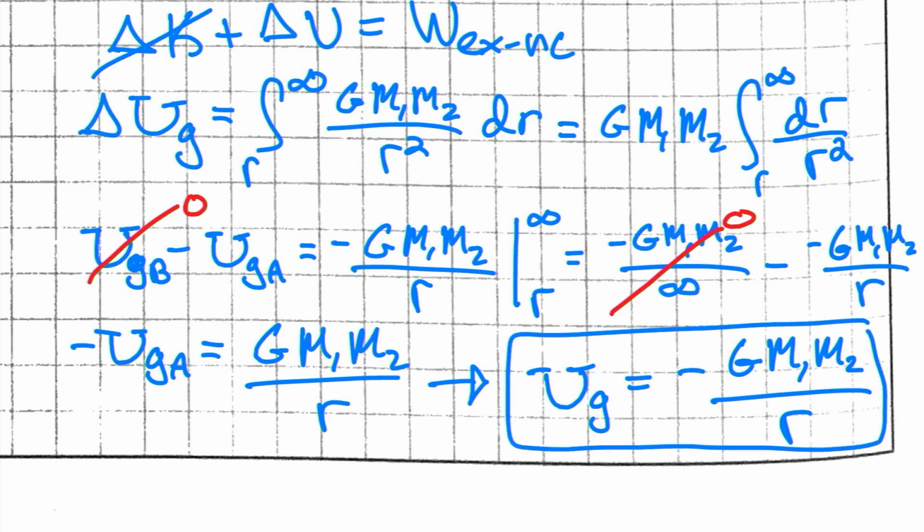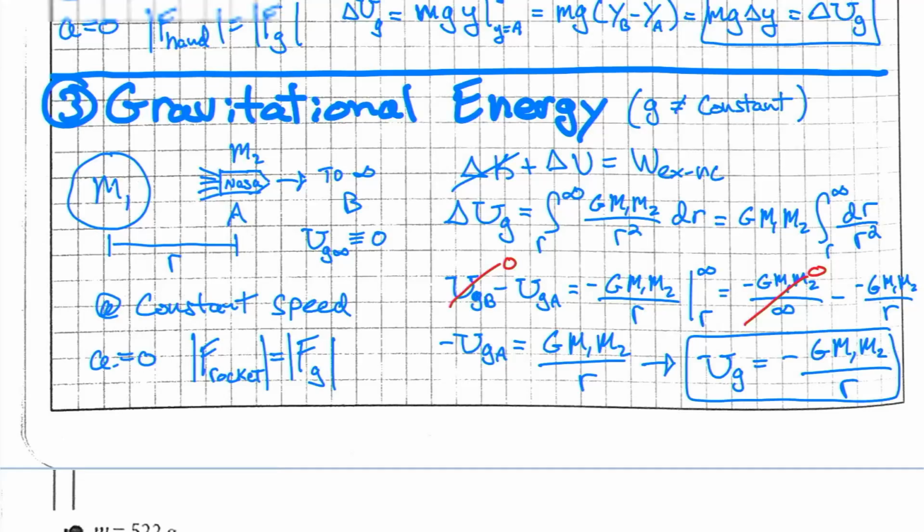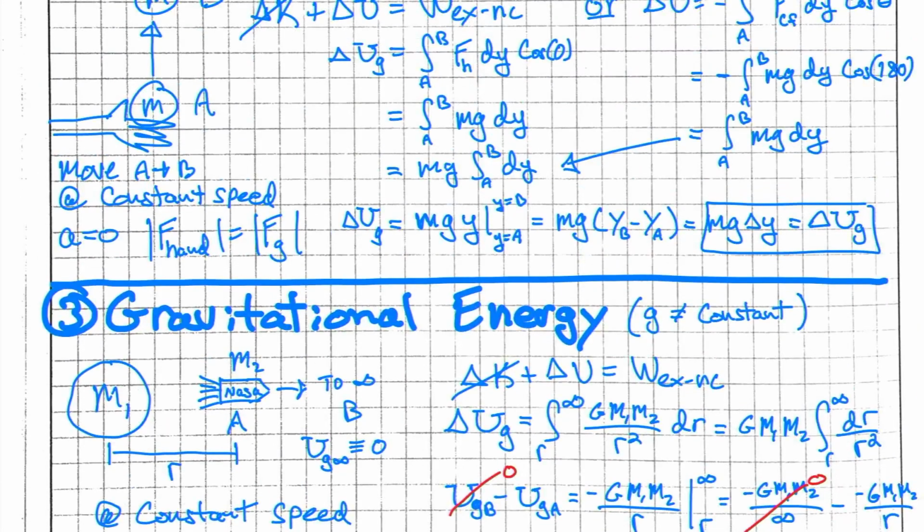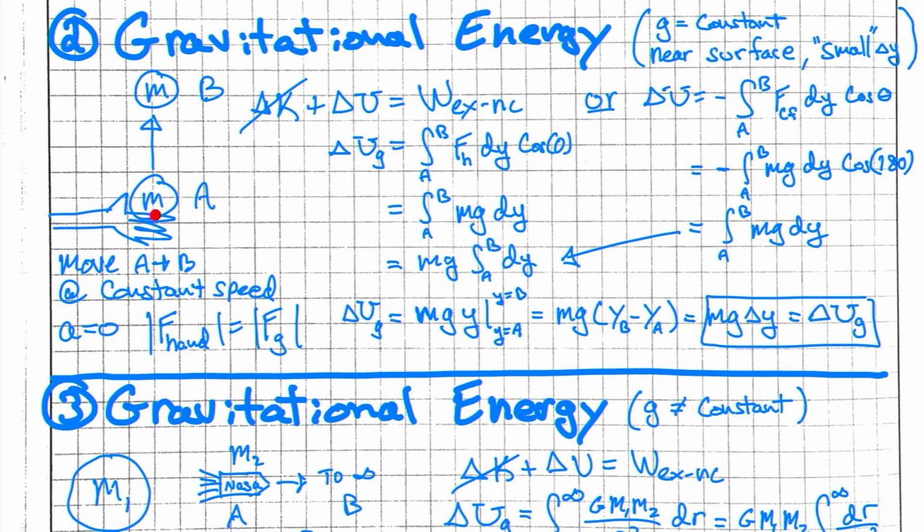And we should ask ourselves, does this make sense that our initial energy was negative? And it should, because just like here, when we raise the ball up, we are doing work against gravity, right? The hand here is doing positive work, so it is increasing the energy as we increase the separation.